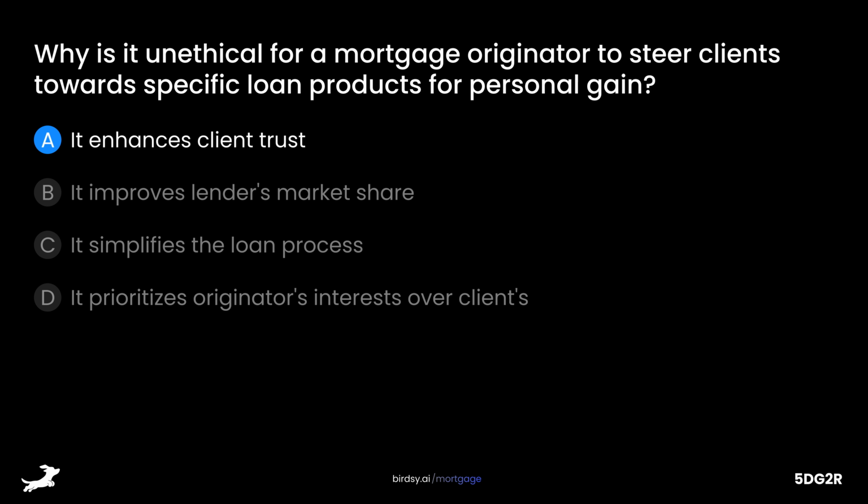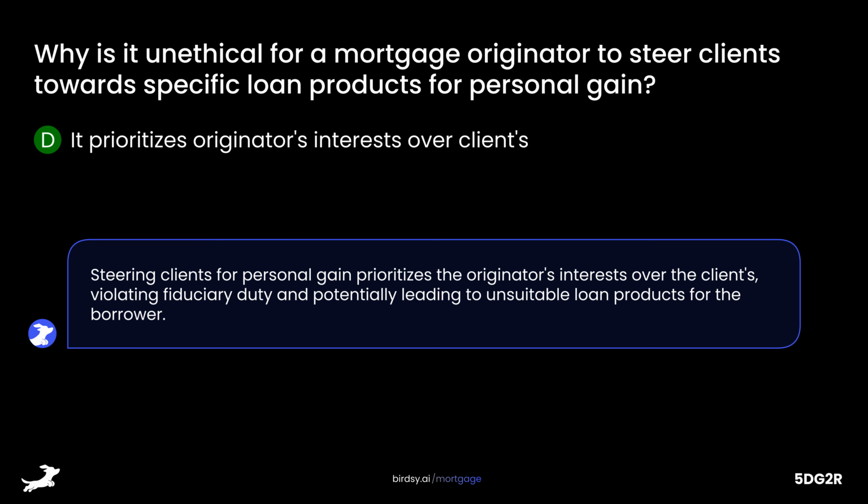Is it A. It enhances client trust, B. It improves lenders' market share, C. It simplifies the loan process, or D. It prioritizes originators' interests over clients? The answer is D. It prioritizes originators' interests over clients. Steering clients for personal gain prioritizes the originator's interests over the client's, violating fiduciary duty and potentially leading to unsuitable loan products for the borrower.